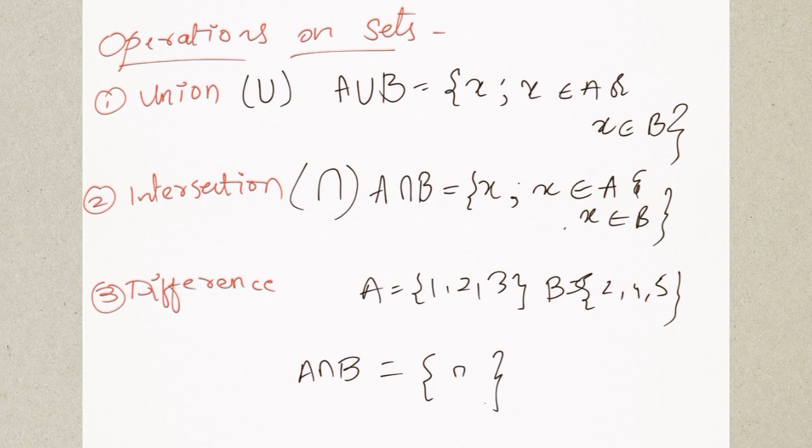Only 2 is common, so that is the element present in the intersection set.